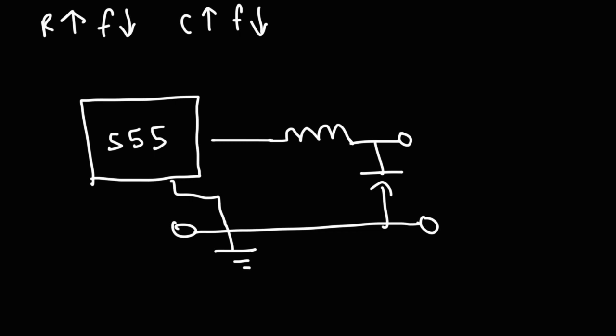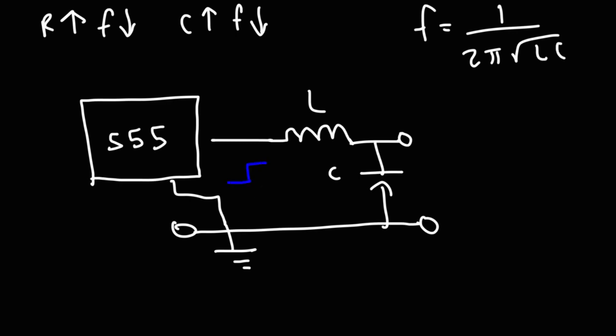As long as the frequency of the square waves matches the frequency of the LC network, using the formula that we talked about, the square wave can be converted into a sine wave. But you need to use the appropriate L and C values in order for this to work.